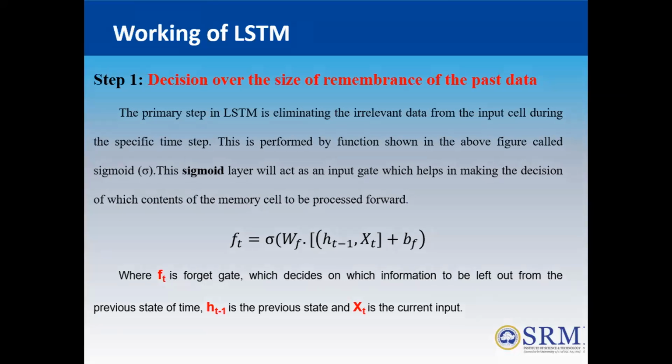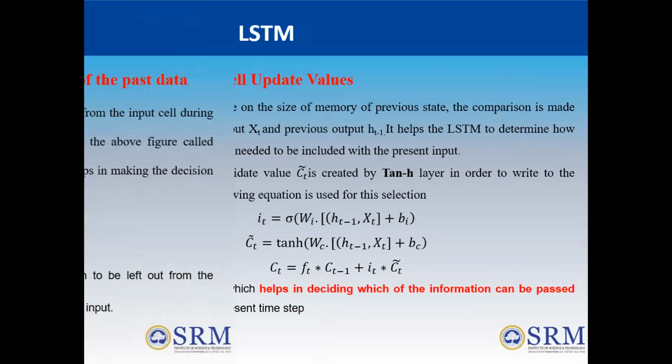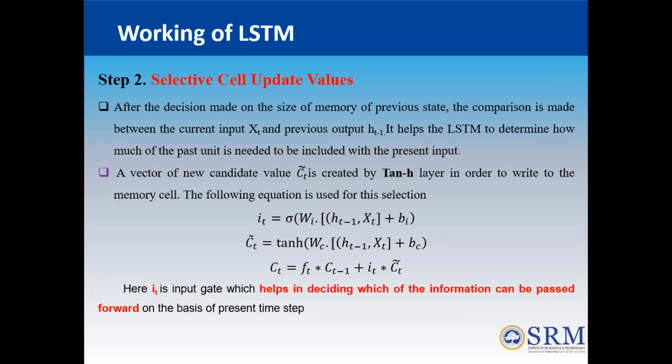Next thing is selective cell update. Now that you know which of the data I have to remember, and which of the data I have to knock off or not process and move forward, the next thing is selective cell update values. Here, based on the decision on the size of the memory of the previous state, a comparison is going to be made between the current input x of t and the previous output ht minus 1.